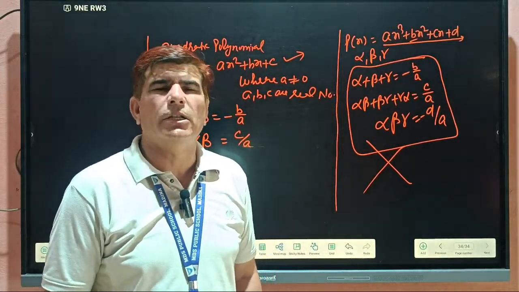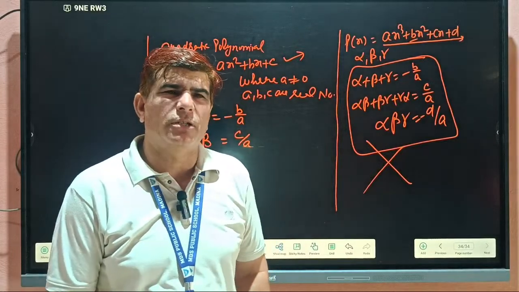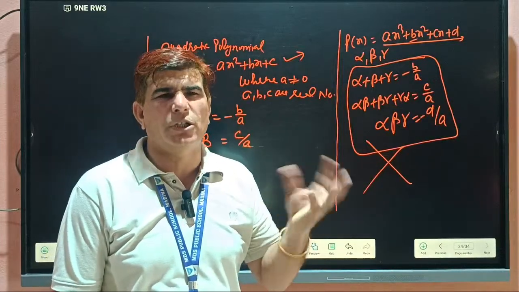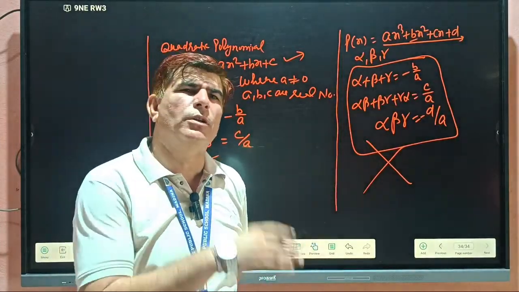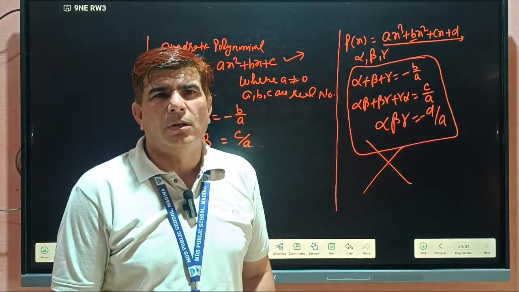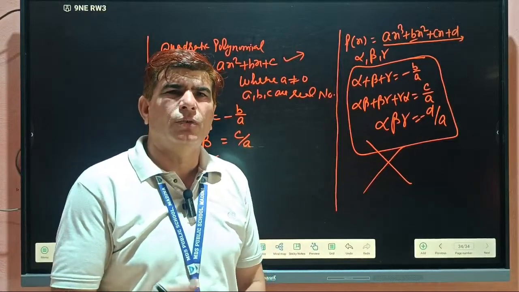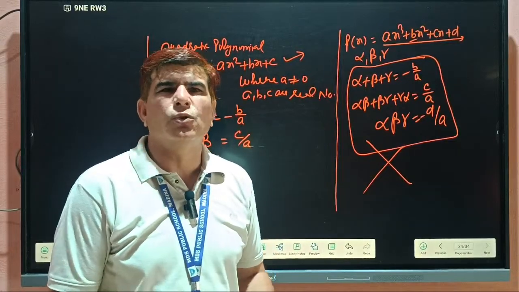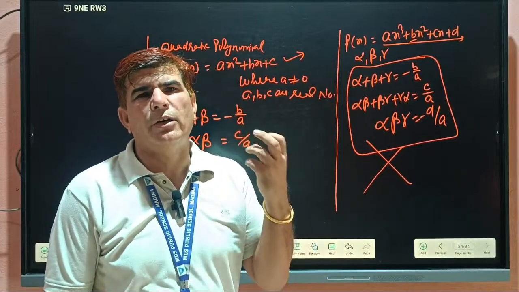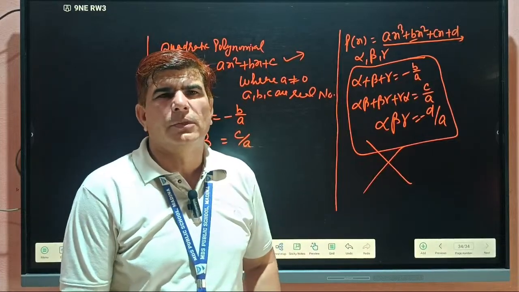A variable is one whose value does not remain the same and changes according to the situation. A constant is one whose value remains as it is. The constant quantity in front of a variable is known as the coefficient of that variable. Understood?